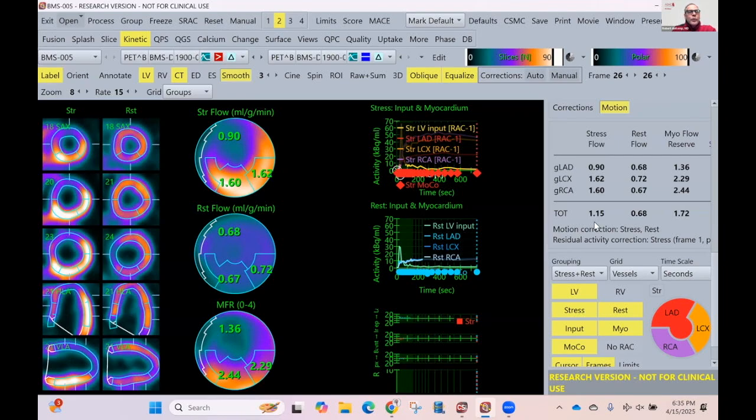And certainly there will be more comparative studies coming out, for example, comparing Flurpiridaz with O15 water as a gold standard. So we should follow this closely in the emerging literature.